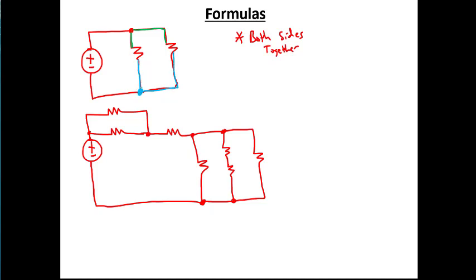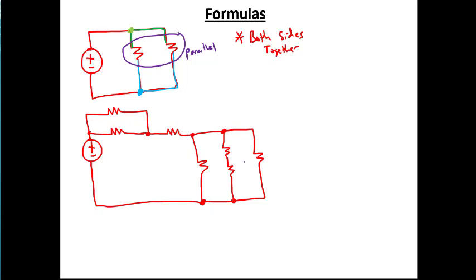These two are touching the blue node on that side, and the green node on this side. So in order for them to be in parallel, they both have to be touching. So here, these two are in parallel. They're both touching the same nodes on each side.